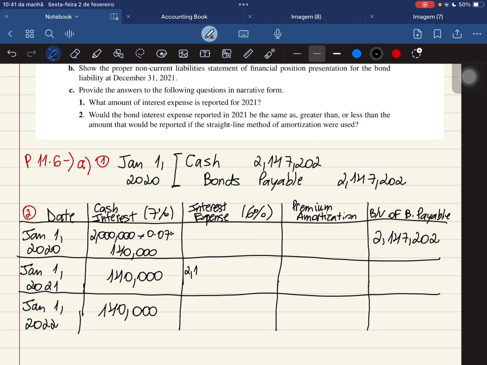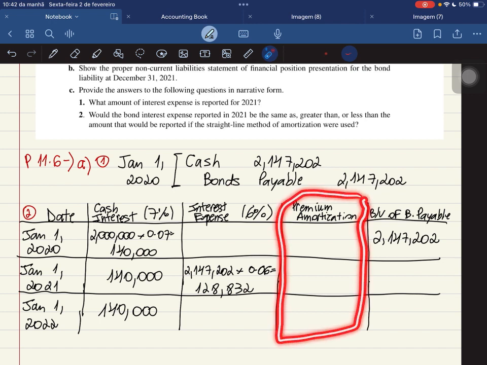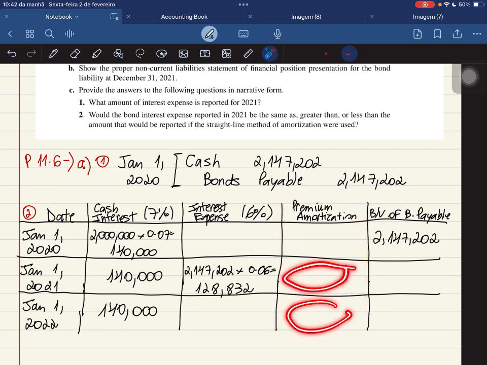Now the interest expense is always going to be the previous book value times the rate, which is going to be the market rate. I'm going to round it to 128,832.